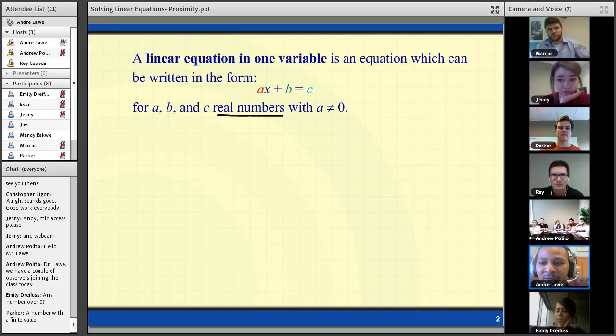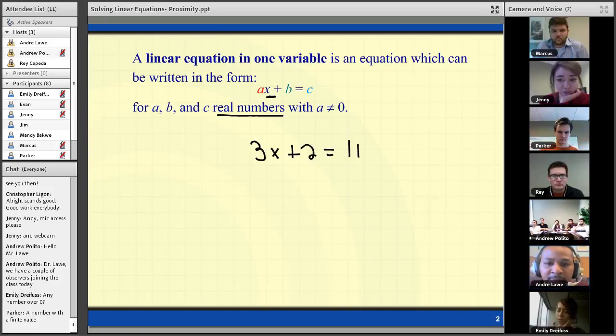That's different from imaginary numbers, which we'll get to way deeper into the course. But for real numbers a, b, and c, this is the standard form of an equation. If we were to represent this in numbers, x represents our variable or unknown, and we could have something like 3x plus 2 equals 11, right?